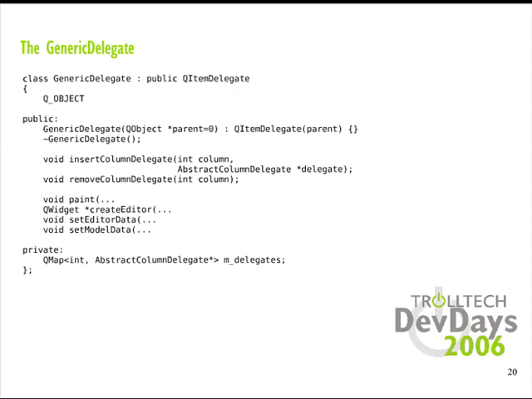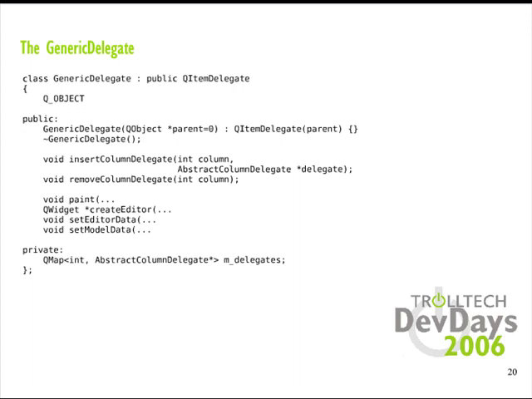We've got our normal 4 methods, but in addition, we've got a destructor. We're going to do something in the destructor. And we've got 2 other methods, insert column delegate and remove column delegate. The only reason for remove is just for completeness. I can't think of a use case, but I'm sure some of you might.